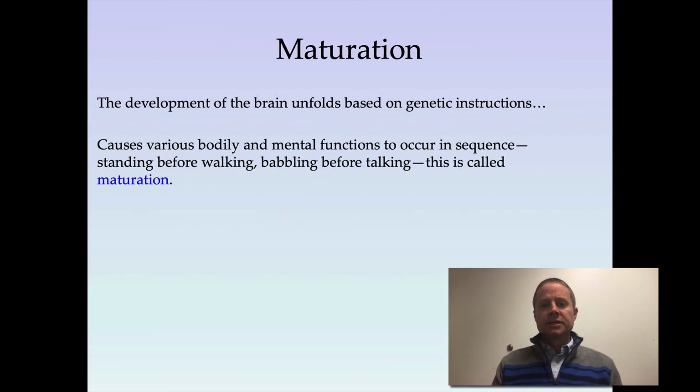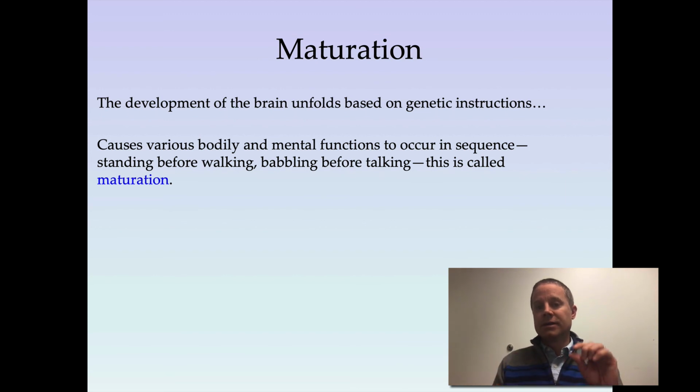Okay, similar to habituation, we have the idea of maturation. Actually, it's not really a similar idea, it's just similar sounding. Maturation is kind of like when we say in everyday language, he's maturing, he was a freshman and now he's a senior in high school and he matured.